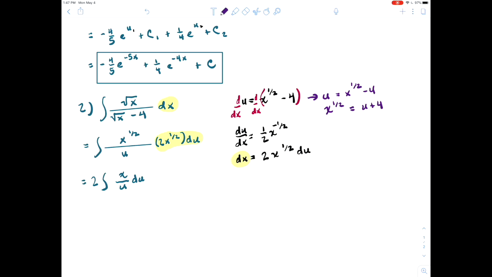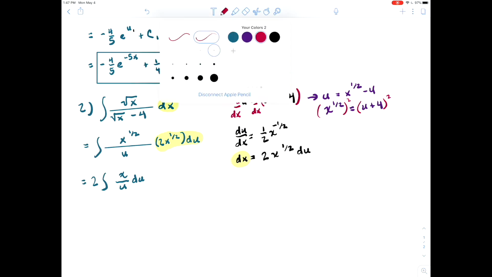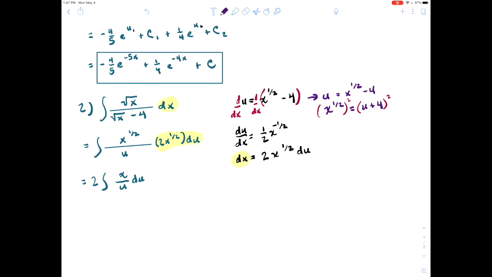So if I square both sides of the equation, x to the 1, which is what we need, is equal to u plus 4, the quantity squared. And I will go ahead and expand that out. So it'd be u squared plus double the product of the ends, so that'd be 2 times 4 times u, so that would be 8u, and then plus 16.